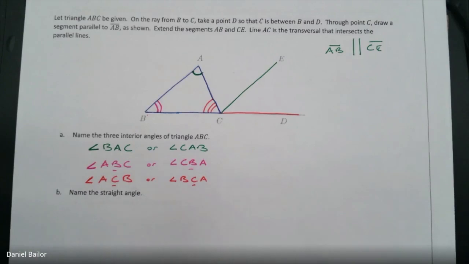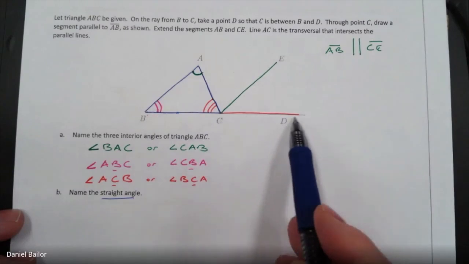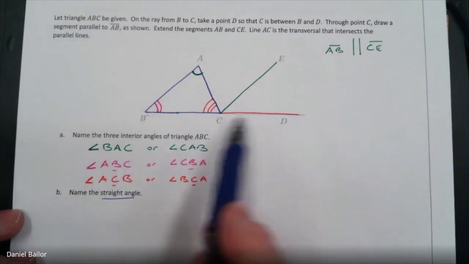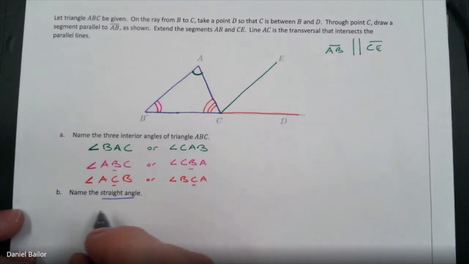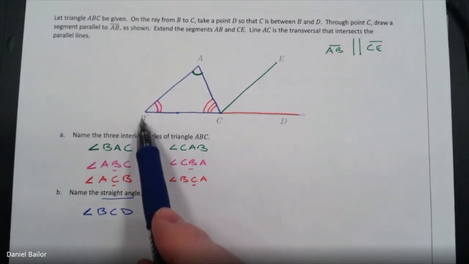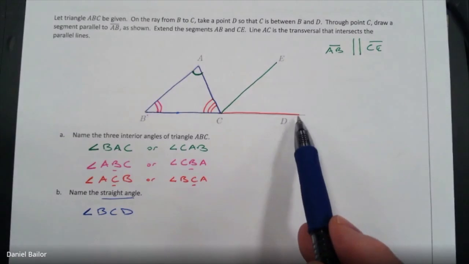So we need 3 letters that make a straight line because a straight angle is a straight line. So I see just the bottom of the diagram is a straight line with 3 letters, B, C, D. So the straight angle is angle BCD because BCD all in a row make a straight line.